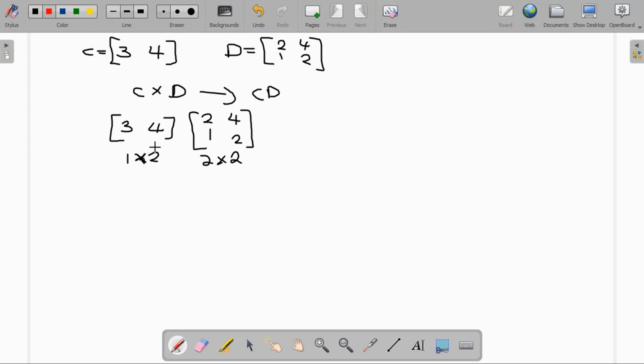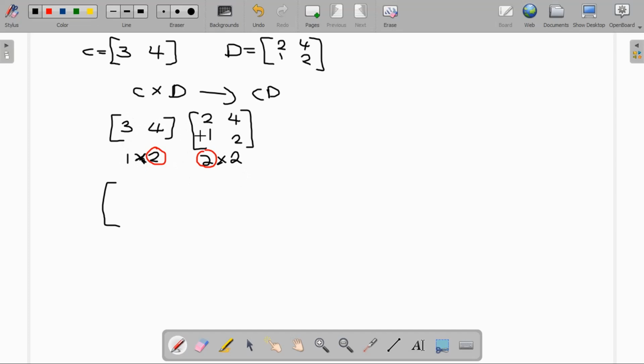Okay, so we check these numbers which are in between, at the middle. So 2 and 2, meaning these two matrices can be multiplied. So let's start multiplying. It's a row multiplied by column. So 3 multiplied by 2, and remember the answer will be a 1 by 2 matrix.